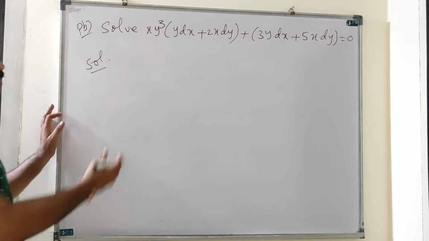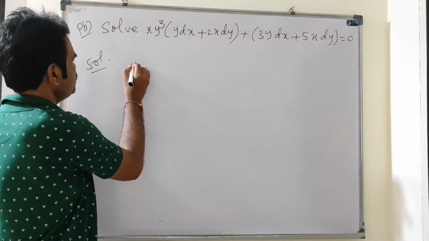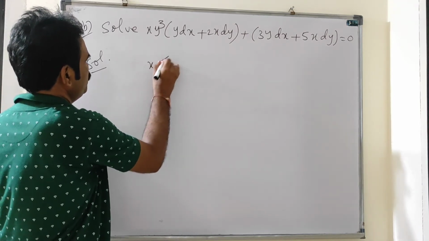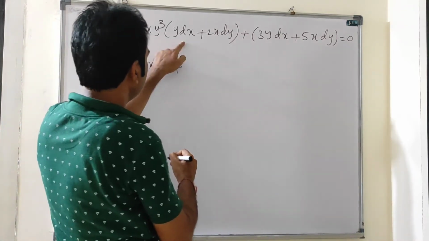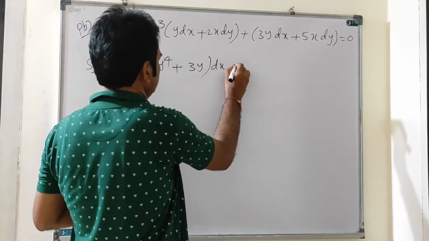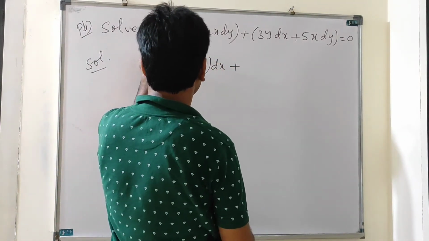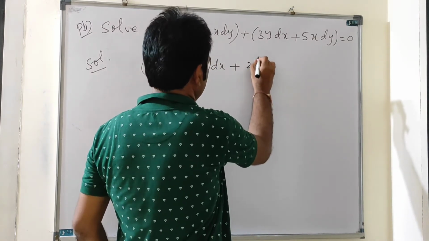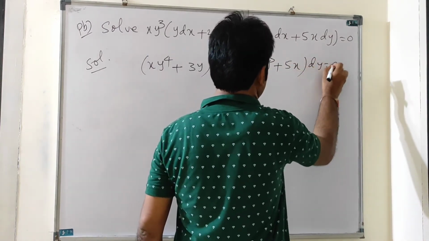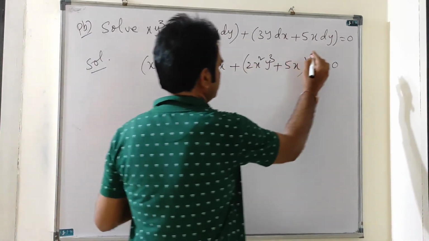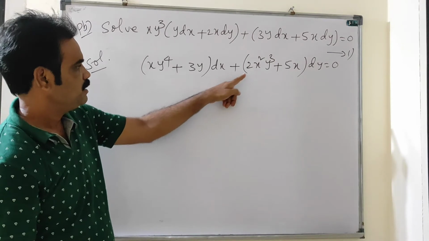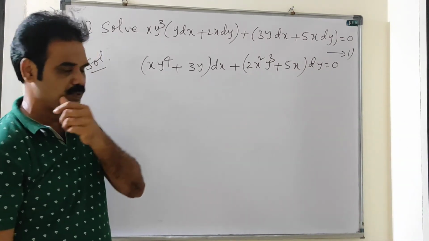This equation can be written in the form of M dx plus N dy: (xy power 4 plus 3y) dx plus (2x square y cube plus 5x) dy equal to 0.